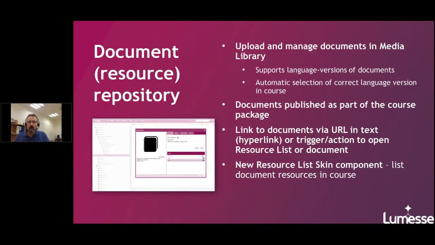So it's a very powerful and very flexible system for providing important extra information, like for instance procedure documents or technical specifications or any other documentation you want to be part of the learning process.